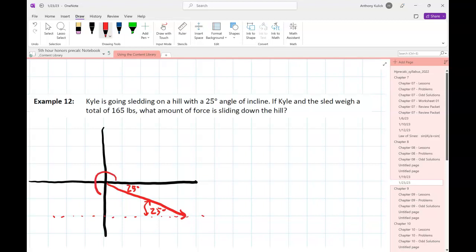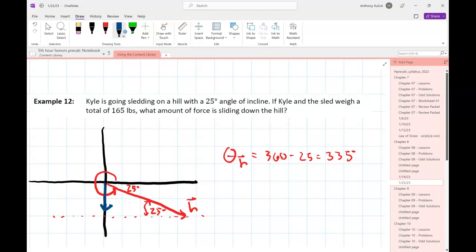Which means that the standard position for this vector that I'll call h for hill, the direction for that standard position angle is going to be 360 minus 25, or 335. Everybody's okay with that? Now it says Kyle and his sled weigh a total of 165 pounds.